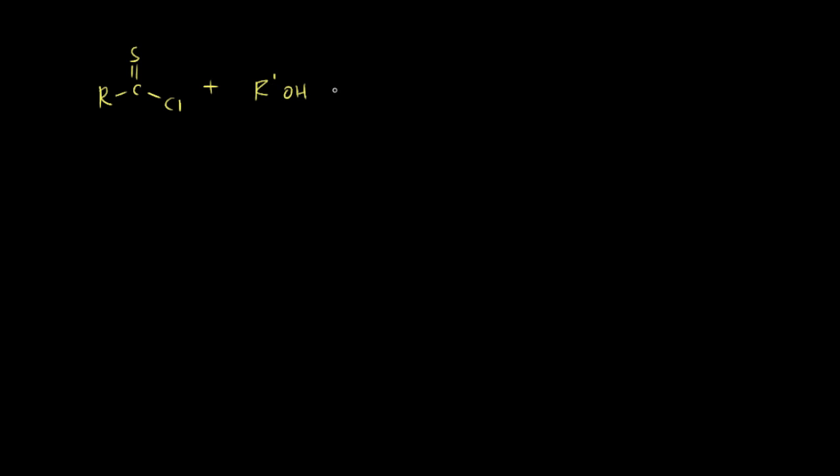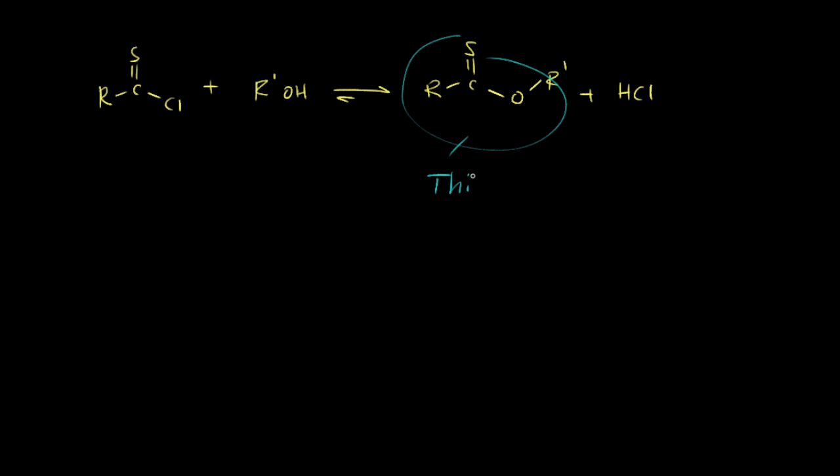Thioacyl or thioacetyl chlorides can react with alcohols to give thioesters, and in this case, if it's a chloride, the other product would be HCl. Now, this thioester is actually a thione ester, and both the thiol ester and the thione ester are known as thioesters because they contain sulphur. But the terminology I've mentioned tells them apart.